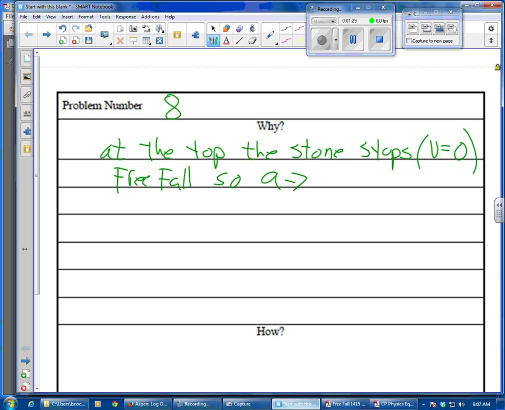Which direction does the acceleration go? Because it always goes down. In free fall, the acceleration is always down. That's to keep in mind.